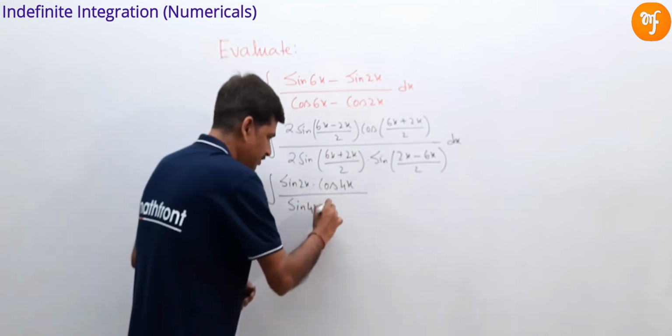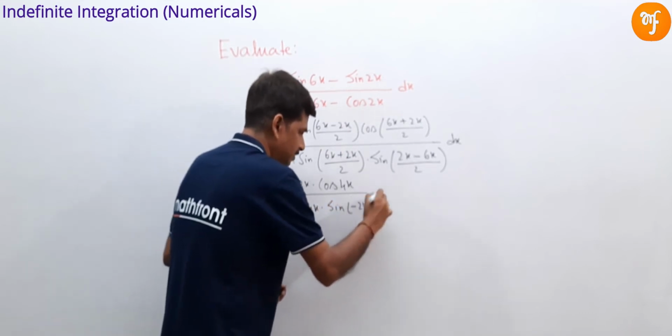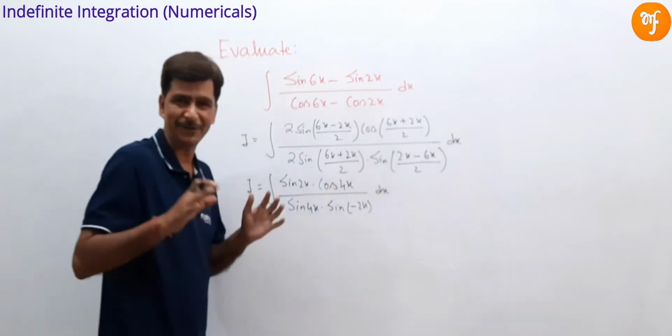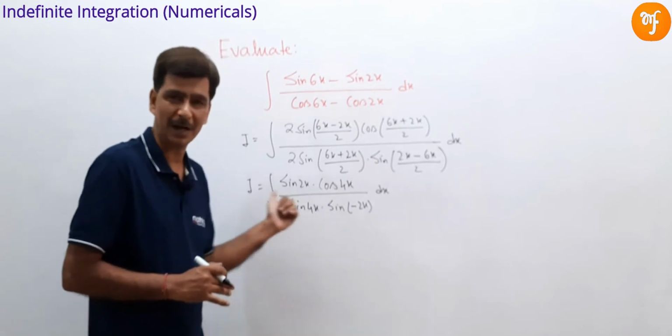So sin of 4x into sin of, this will be minus of 2x, and dx is here, okay. And we know sin of minus theta is minus sin theta, so the minus can be put outside.